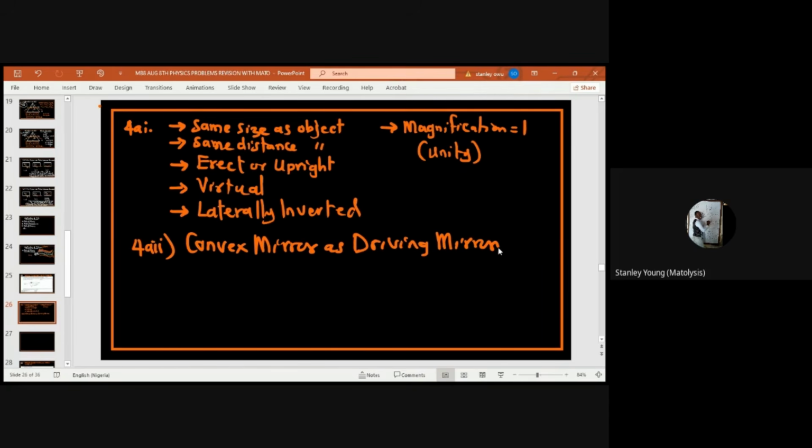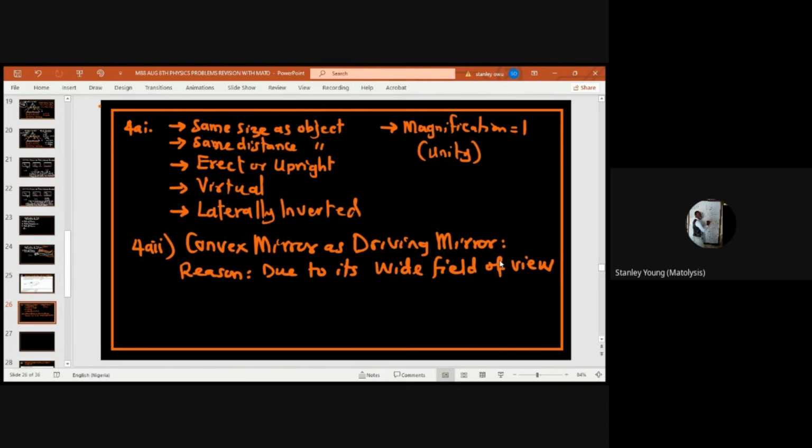The reason is straightforward. Due to its wide field of view.